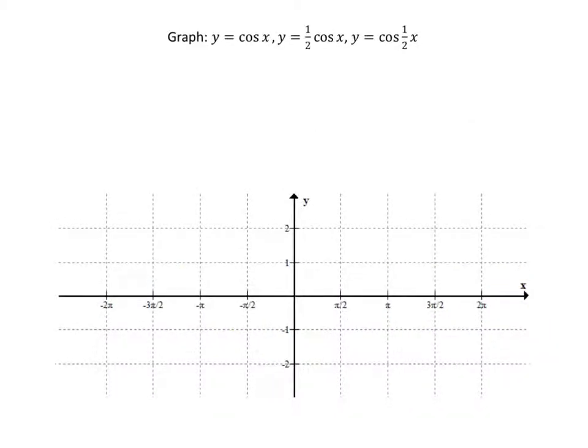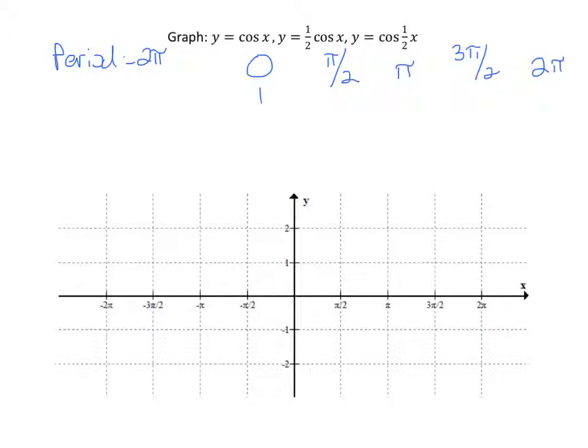We'll now take a look at the cosine graph. I'm going to start just by graphing y equals cosine of x, and because it's just a plain cosine of x, the period of this graph is 2 pi. So I list out 0 to 2 pi, halfway, a fourth of the way, 3/4 of the way. But now I have to remember that on my cosine function, I start at my maximum. I start the furthest away possible, which is 1.